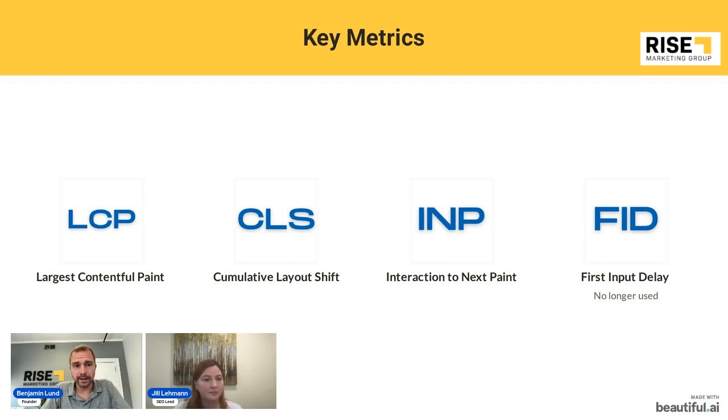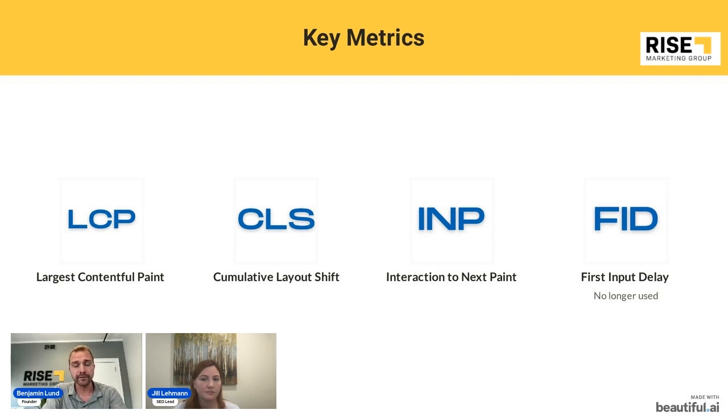Yep. And for any marketer or business owner that's watching this right now, you're probably super confused. Like, what's LCP? What's CLS? INP? I totally hear you. I get it. Even some of these words are a little jumbled. But on the following slides, we're going to break down everything for you so that each of these makes sense.